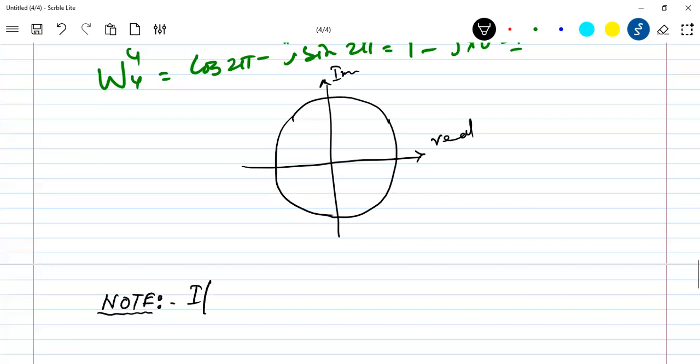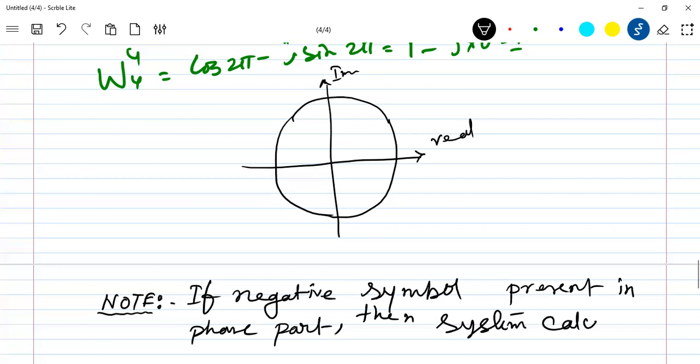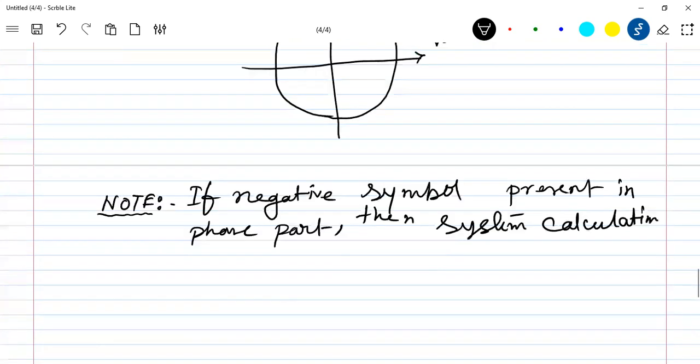If a negative symbol is present in the phase part, phase part means the DFT formula, as per the DFT formula we write e to the power minus j, so this is the negative part in the phase, then the system calculation is made clockwise.